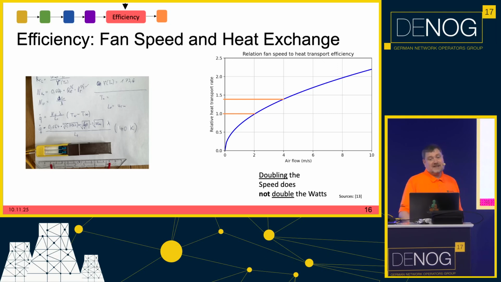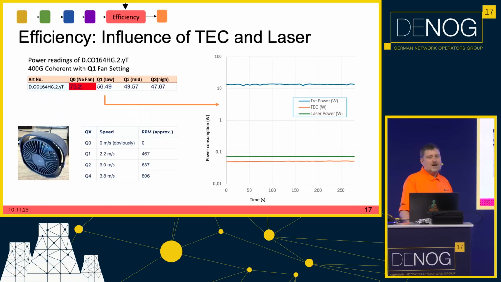But it is not really the case. You have to invest more and more speed every time. So better look at manufacturing technologies or other aspects like a better heat sink or an optimized cage in order to really carry out the heat.